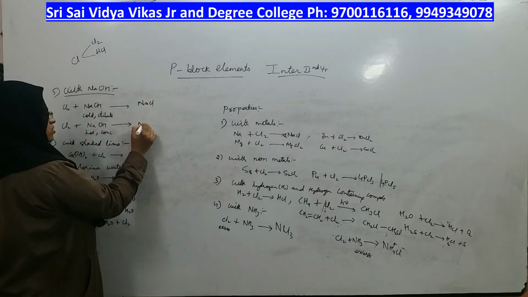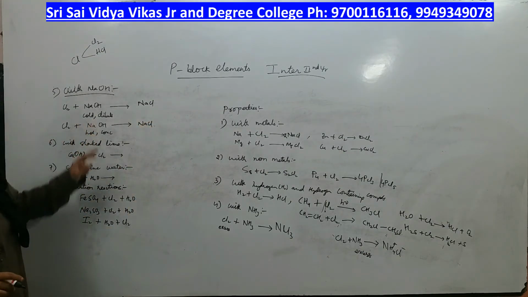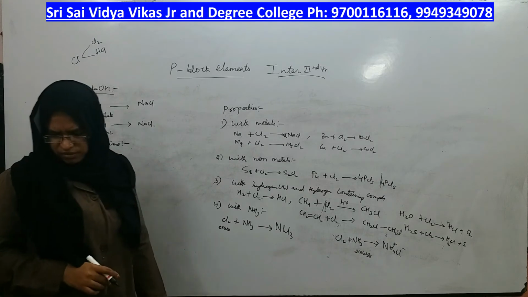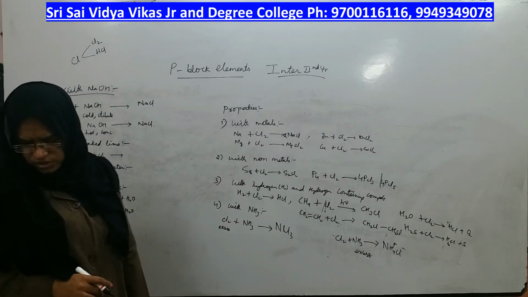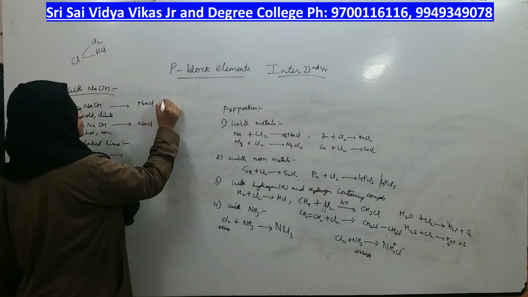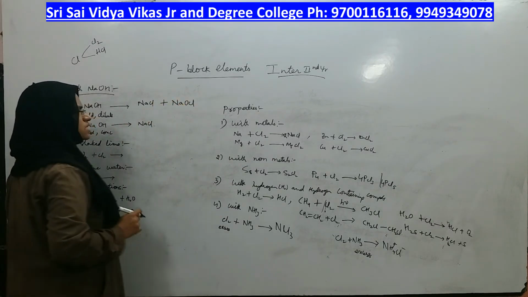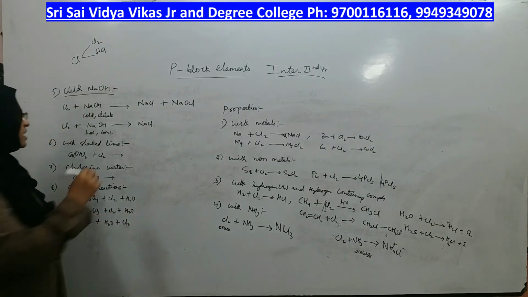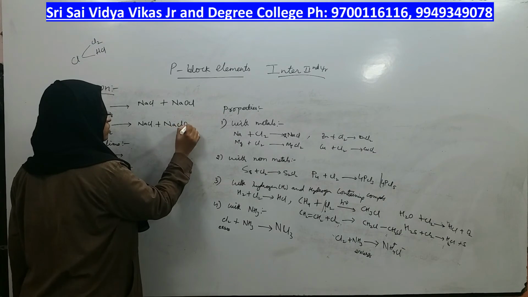Here also sodium chloride, whether it is cold and dilute or hot and concentrated. But with cold and dilute, apart from sodium chloride, you get sodium hypochlorite, which is NaOCl. And with hot and concentrated, you get sodium chlorate.